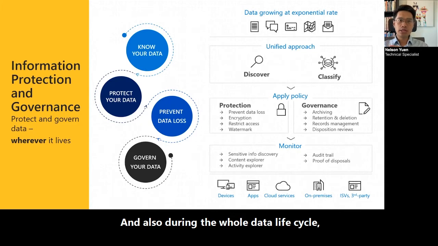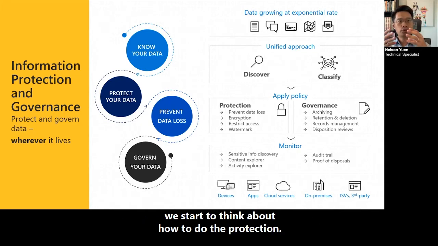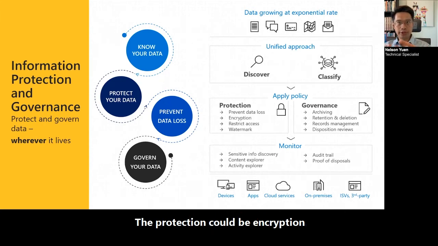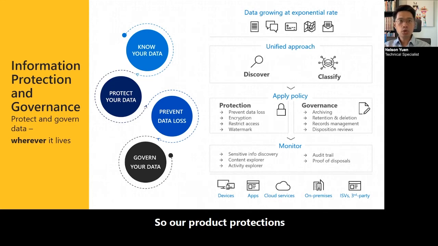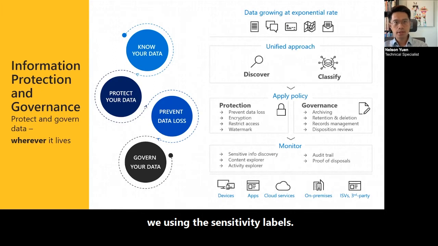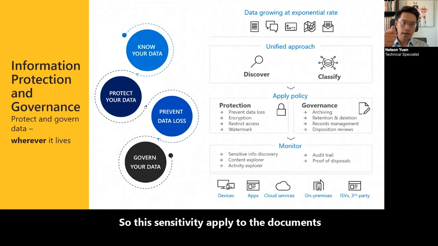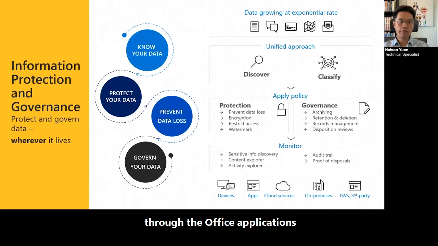Also, during the whole data lifecycle, we start to think about how to do the protections. The protection could be encryption, access restrictions, and also DLP. To apply the protections, we're using sensitivity labels. These sensitivity labels can be applied to documents through the Office applications or through the Office 365 online services. When a user interacts with the data, we also cover DLP.